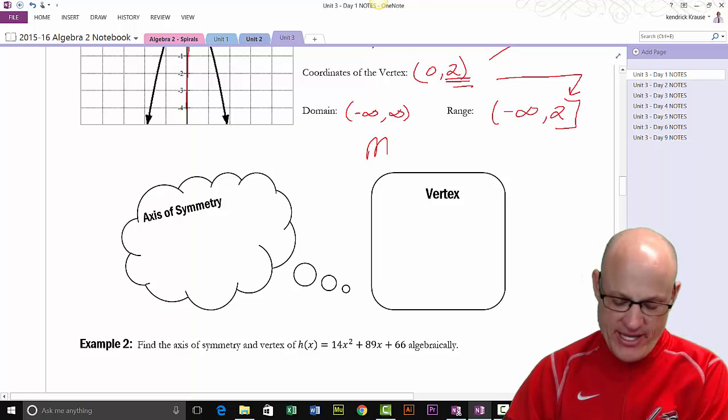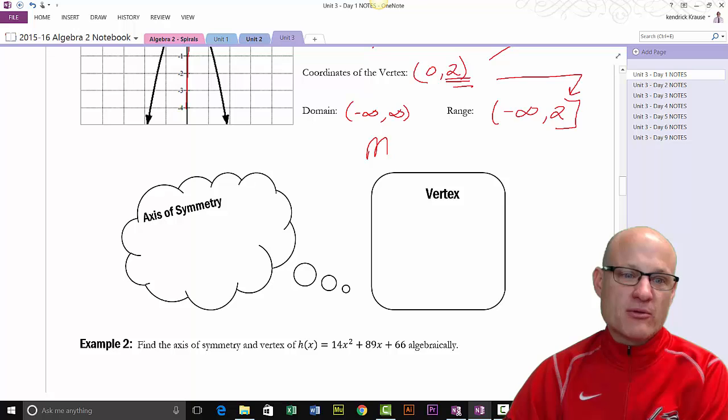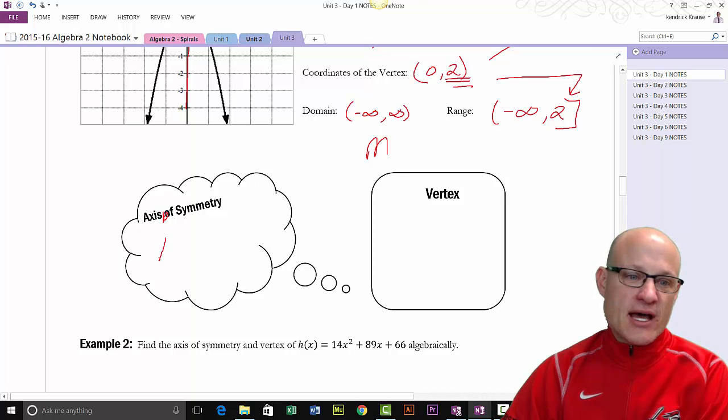So the equation for the axis of symmetry, and I think you guys probably remember this, is x equals, see why I need a new computer? x equals negative b over 2a.